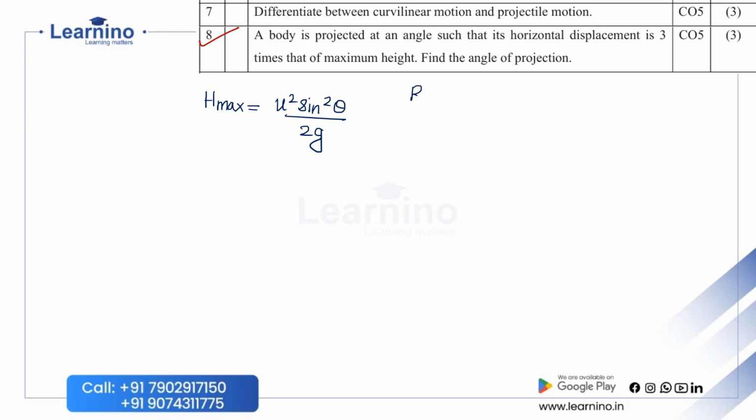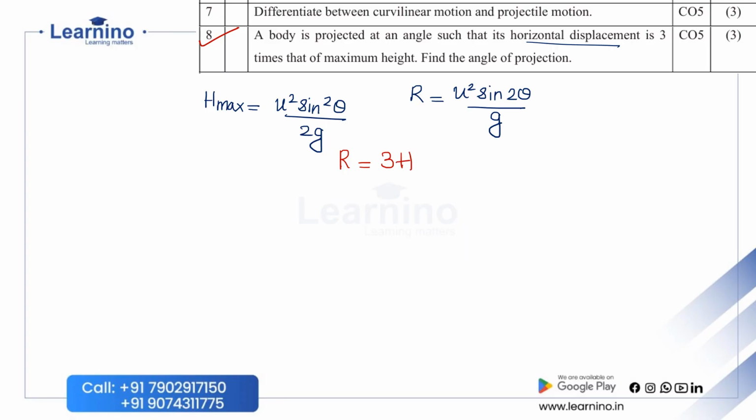And the equation for range, range means the horizontal displacement, is u square sine 2 theta divided by g. Here in the question they have given that horizontal displacement is 3 times the maximum height. Horizontal displacement is our range, and range is 3 times the maximum height.